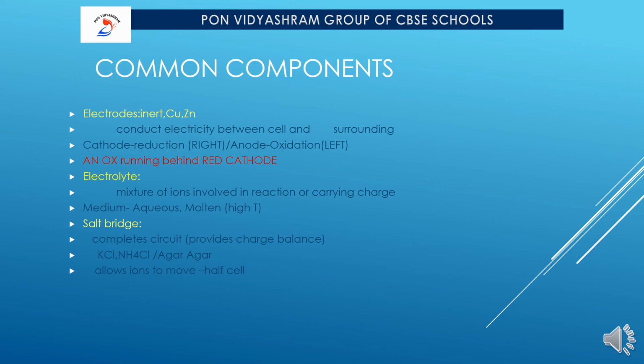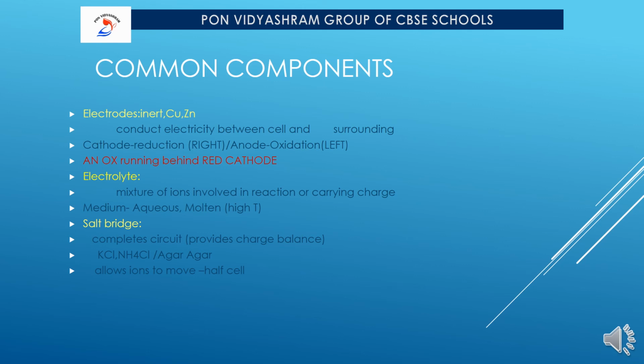The third one we have to remember is the salt bridge. A salt bridge completes the circuit, which means it provides charge balance. A salt bridge is a device which connects the oxidation and reduction half cells, where a weak electrolyte is used.